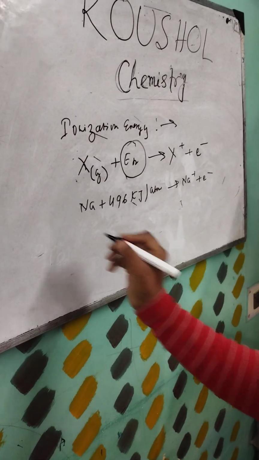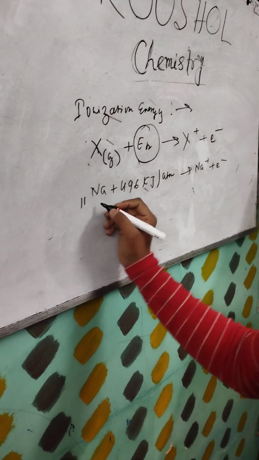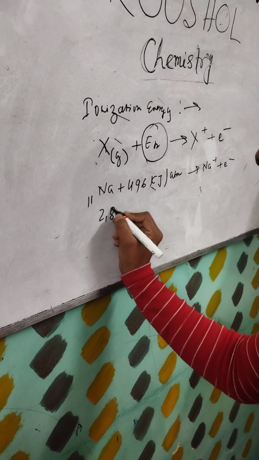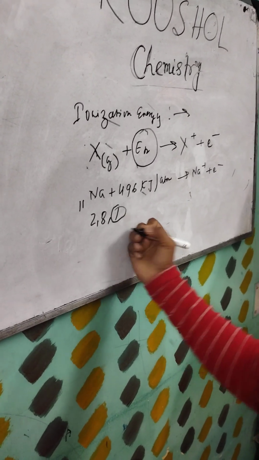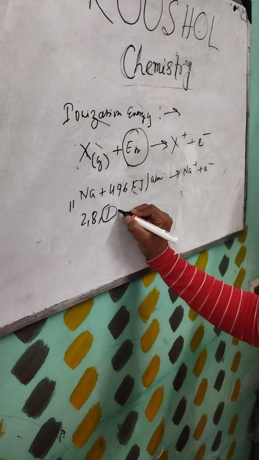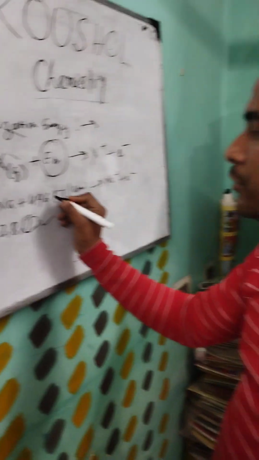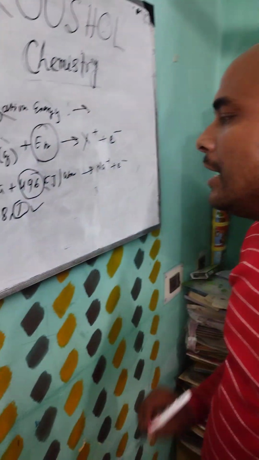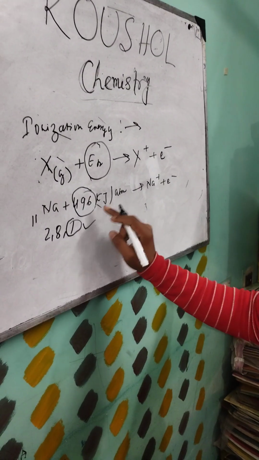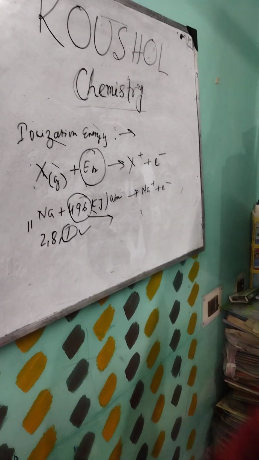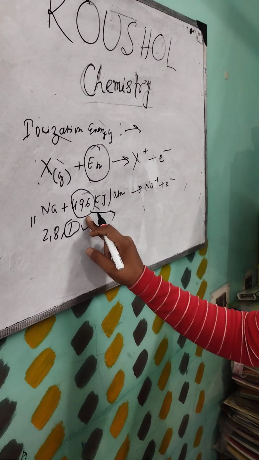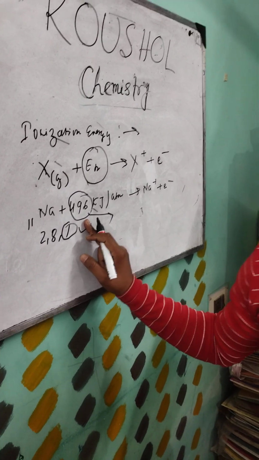The electronic configuration of sodium is 2,8,1, so the last electron is removed by providing 496 kilojoule of energy.